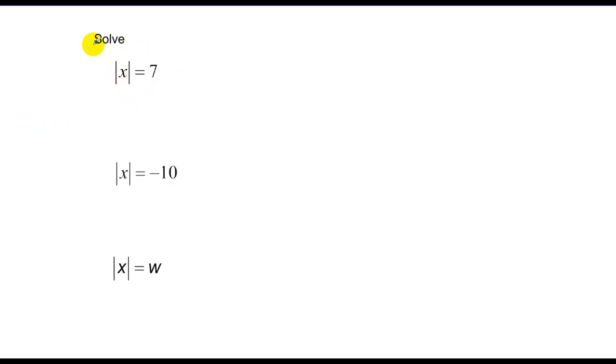If I want to solve this, and I say, what number in absolute value is 7 units away from 0? That's what this says. Then I can look at a number line where here's 0, here's 7, which is 7 away from 0, but I also know that negative 7 is 7 units away from 0.